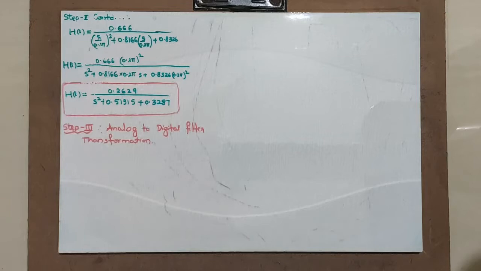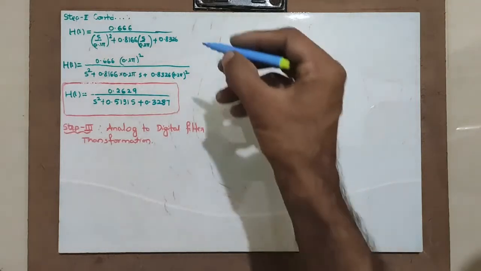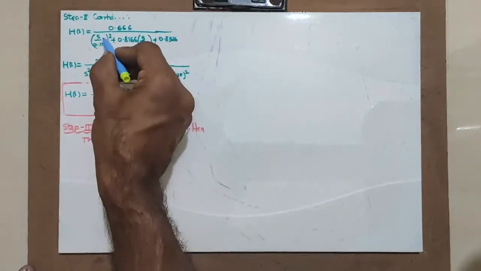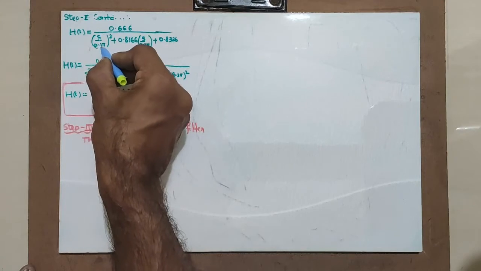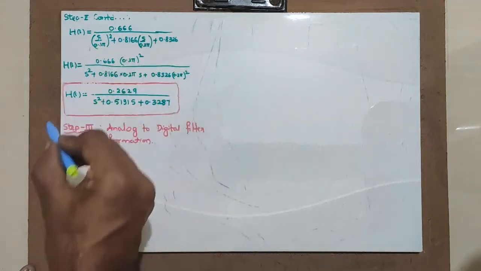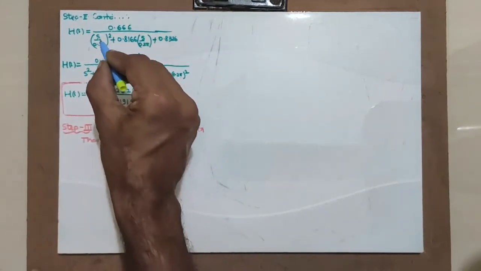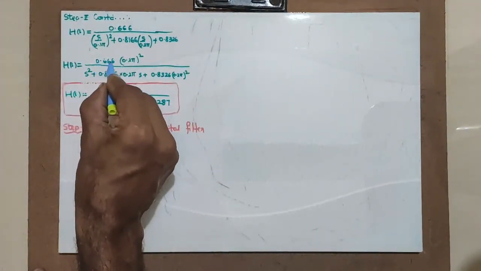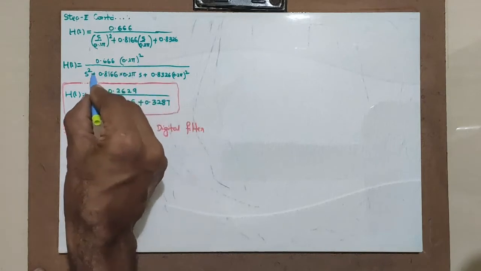Continuing from step 2, where at the last point we had written this, transforming from low pass filter to low pass filter, instead of s, I will be substituting s by 0.2 pi. Hence, when you are simplifying it, this 0.2 pi whole square goes to the numerator. The equation becomes 0.666 into 0.2 pi whole square divided by this equation.